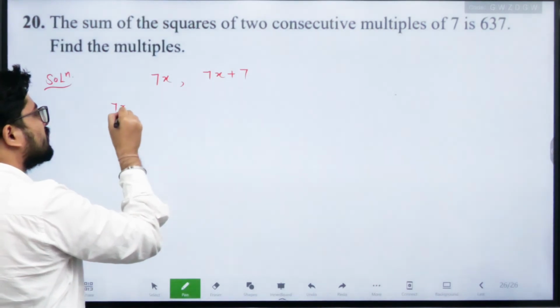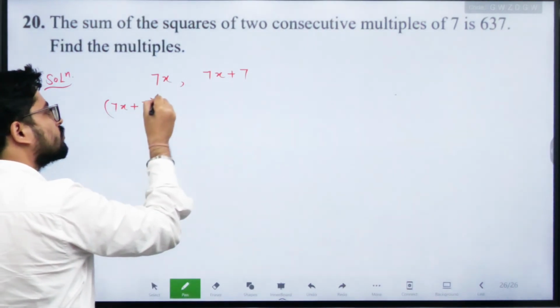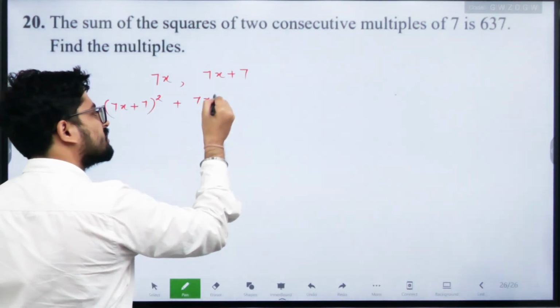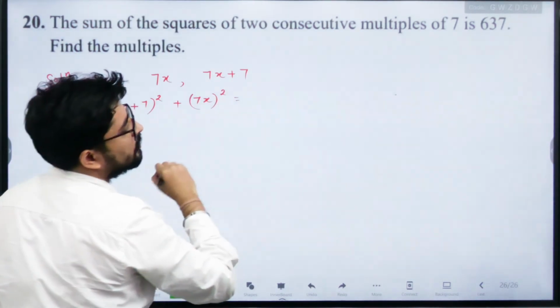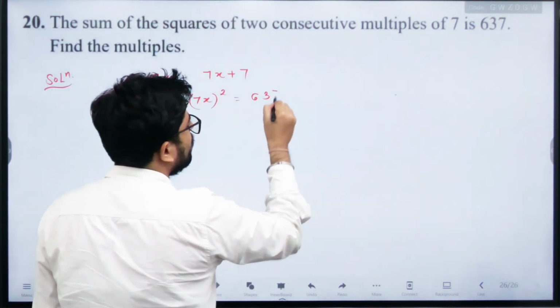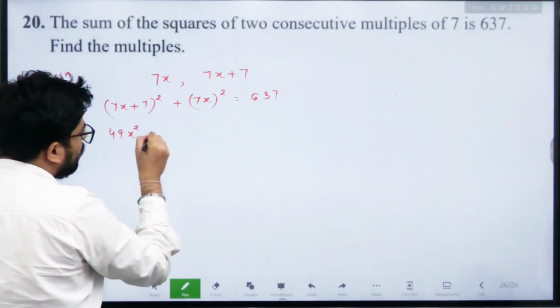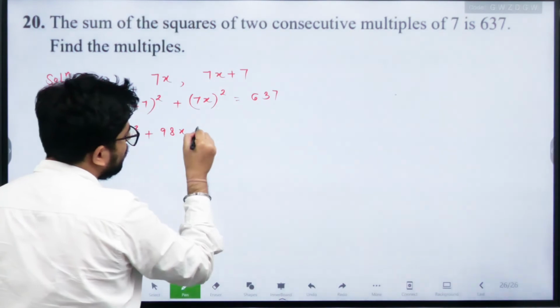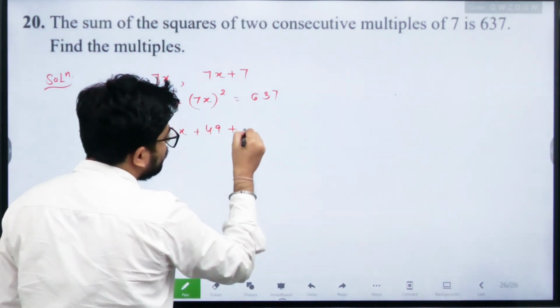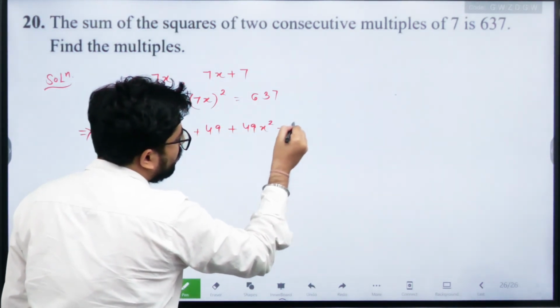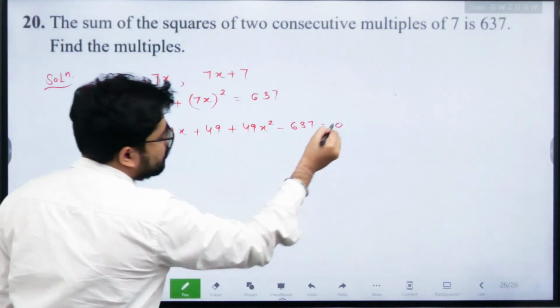So 7x plus 7 whole square plus 7x whole square is equal to 637. So when you simplify, you will get 49x square plus 98x plus 49 plus 49x square minus 637 is equal to 0.